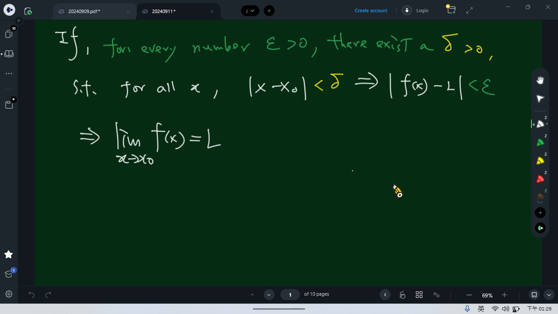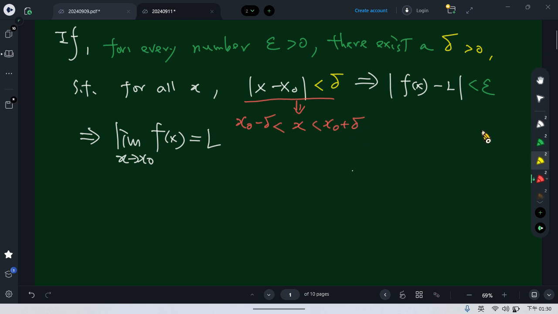So I will suggest my students try to explain this as x should be between x0 minus delta and x0 plus delta.